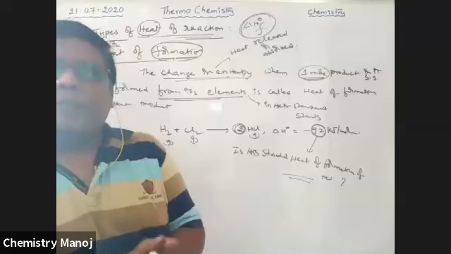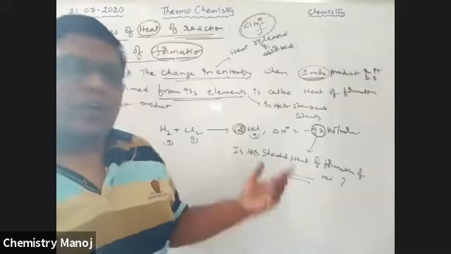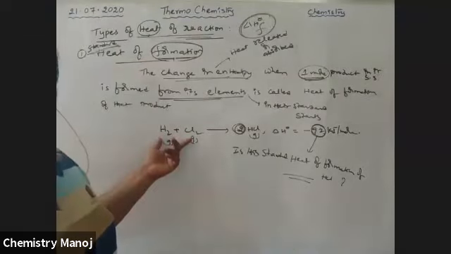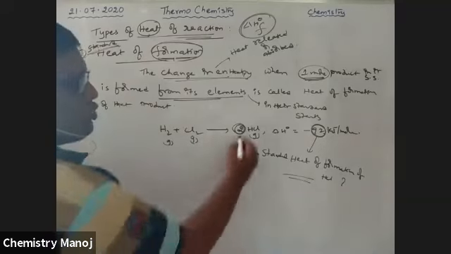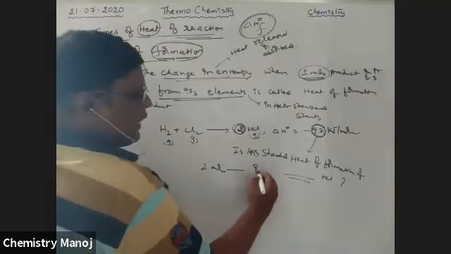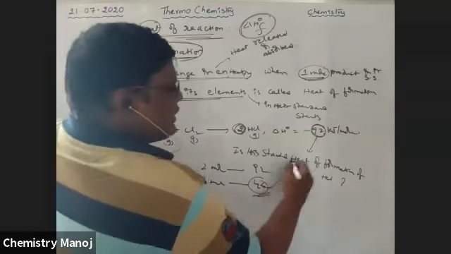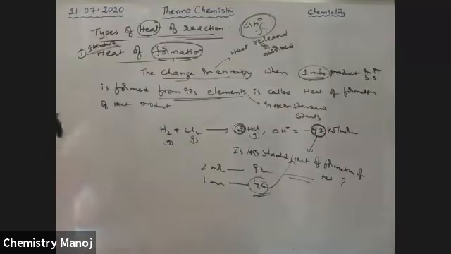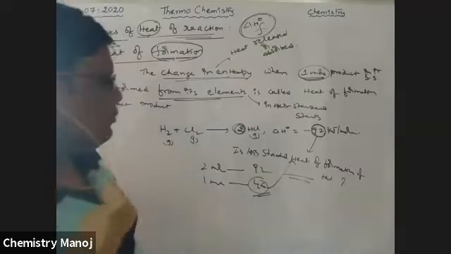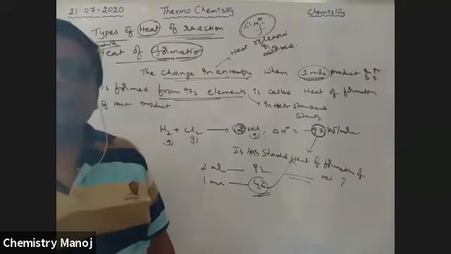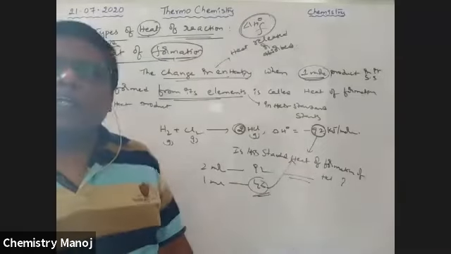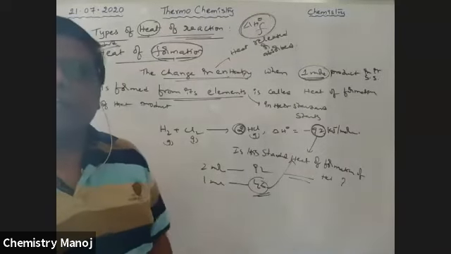No doubt that HCl is from its elements. For 2 moles it is 92. For 1 mole it is 46, which is called the standard heat of formation of HCl.